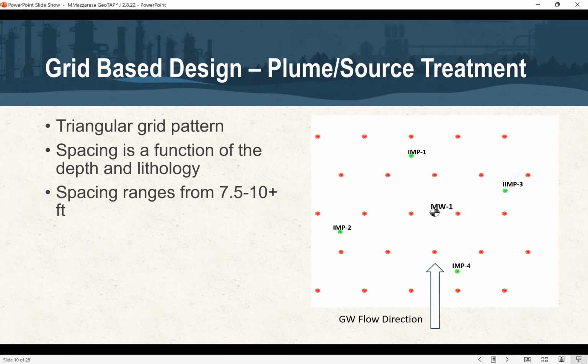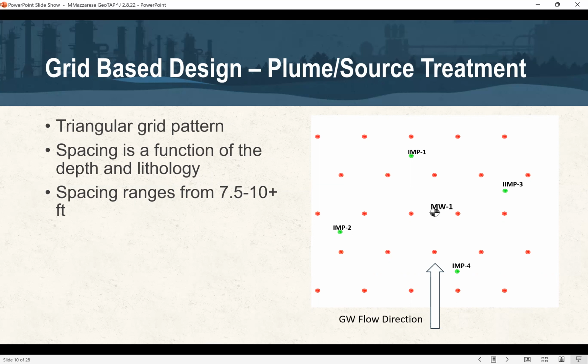The designs are going to be a little different depending on spacing. There's a kind of standard layout of an injection grid, with injection point spacing probably between 7.5 and 10 feet. It's going to depend on geology and depth below grade.